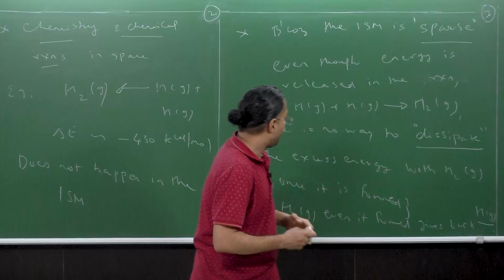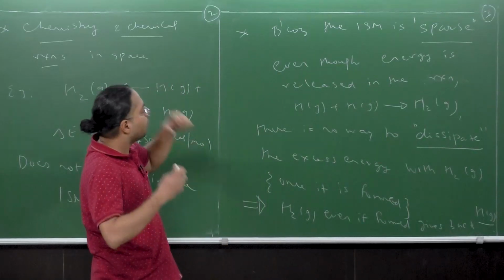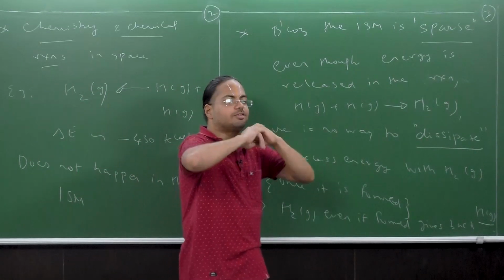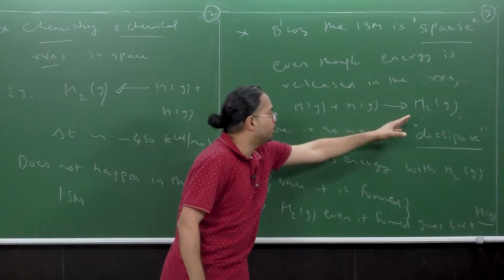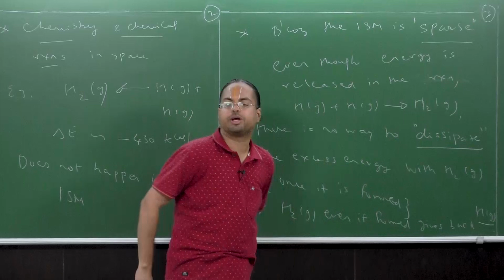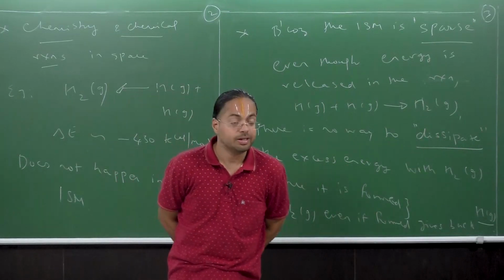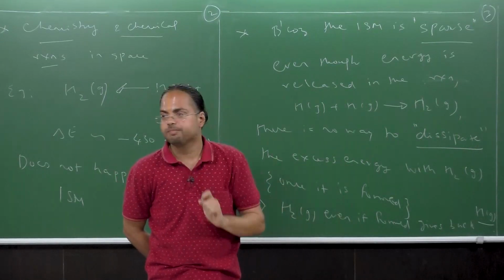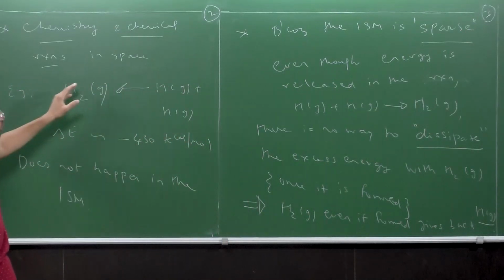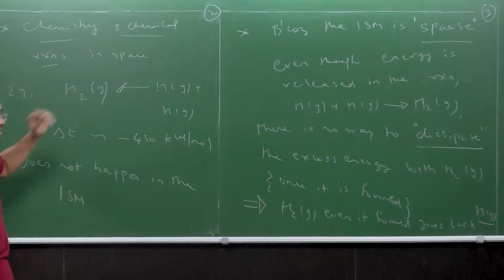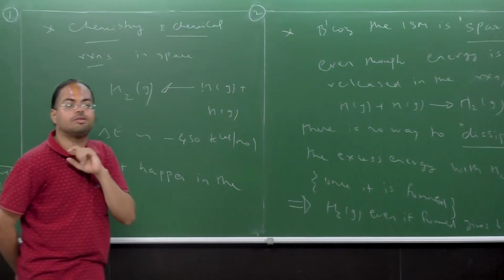So whatever energy is gained in the process is completely given back to the surroundings, which results in the dissociation of H2 once again to form the two gaseous state molecules. And so even the simple reaction does not occur in the ISM as we have written it here.